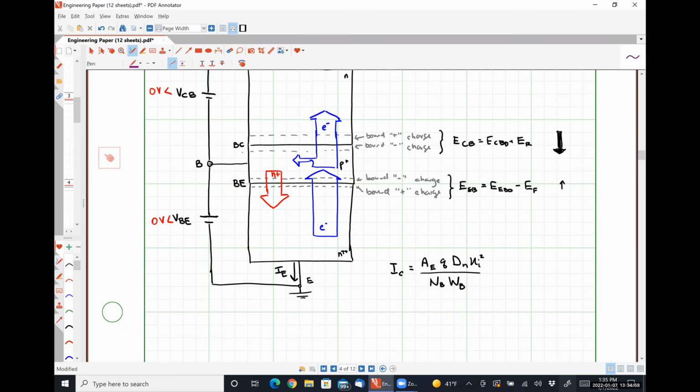So the effective width of the base is the distance between the edges of the depletion regions observed in the base. Okay.